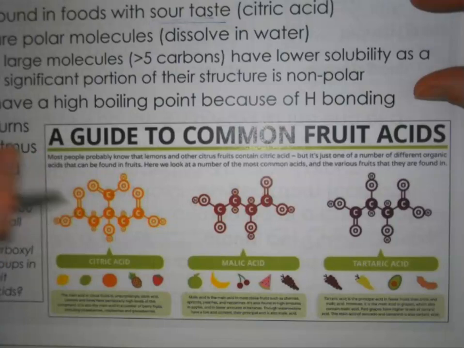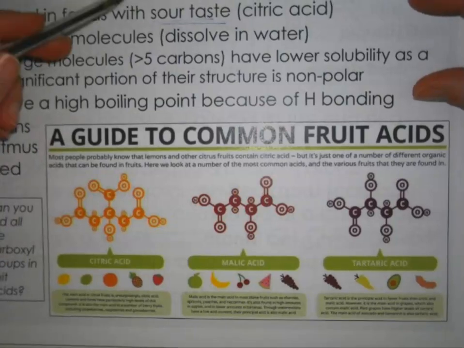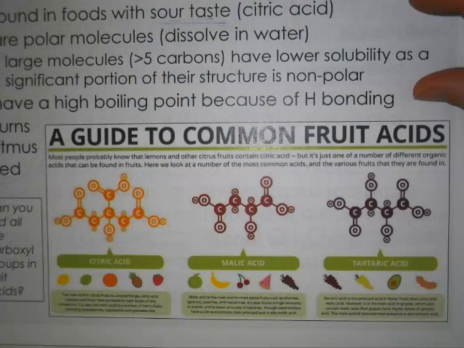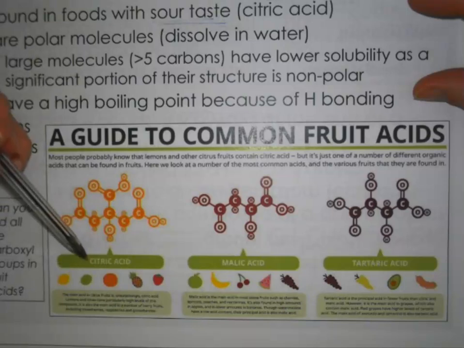So for example, with carboxylic acids, one of the big things is being able to differentiate between a carboxylic acid and an alcohol, because they both have that hydroxyl group in them. So if we look at citric acid here, which is an acid you're probably pretty familiar with, you've probably heard of it.